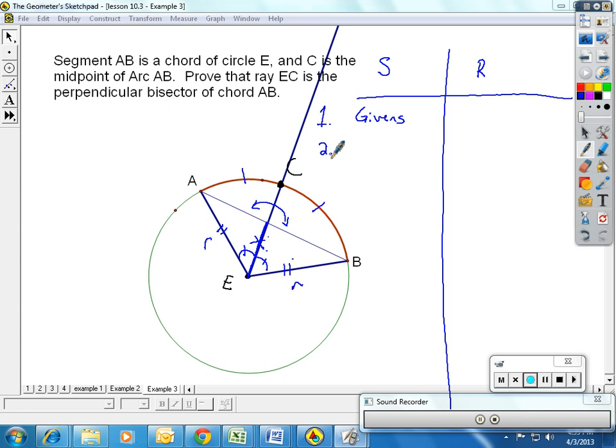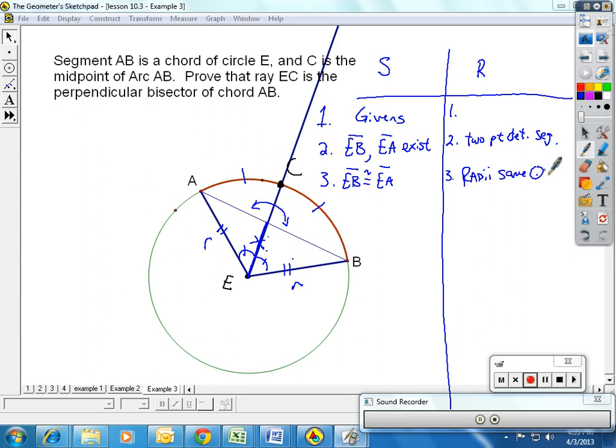We draw in EB and EA; they exist because 2 points determine a segment. Since those are both radii, we know that EB is congruent to EA because radii of the same circle are congruent.